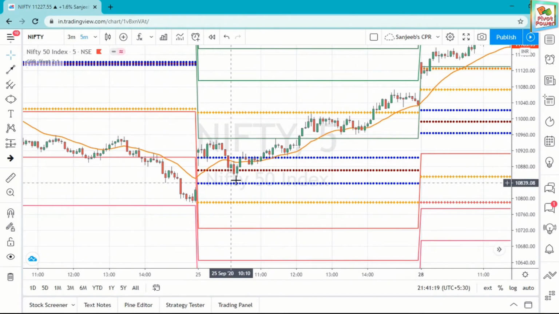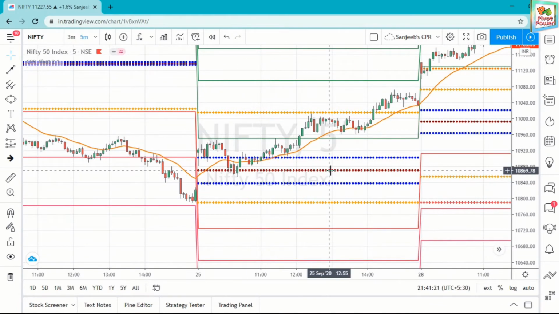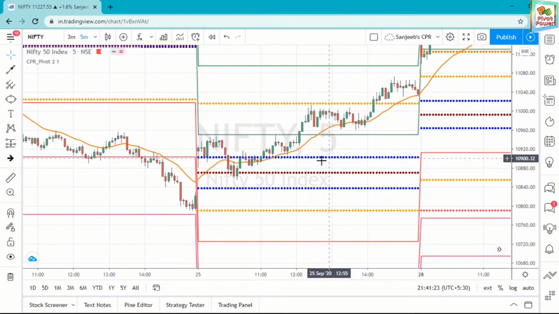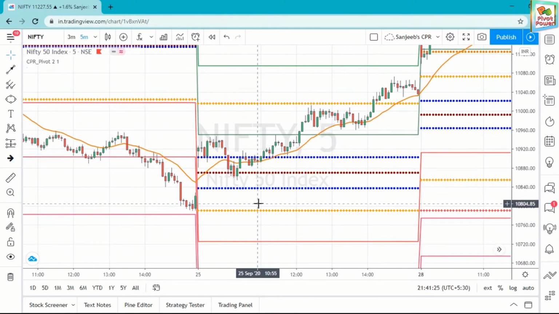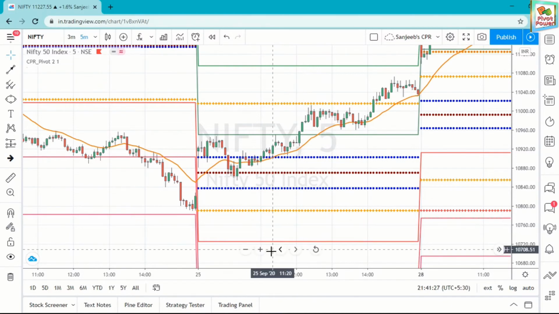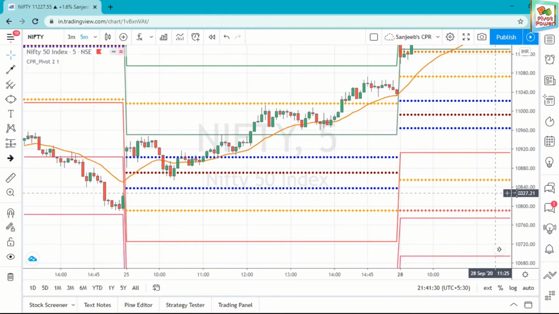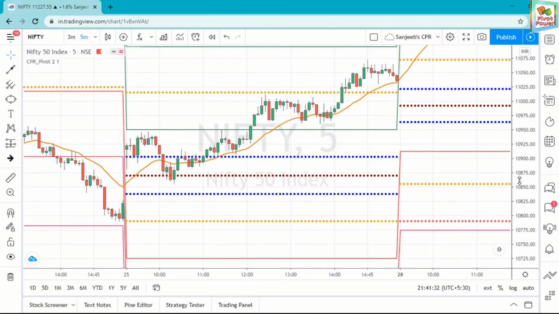Then in this strategy I am talking about the support and resistance strategy. See here in this chart, where the price opens here, it crossed the top CPR.